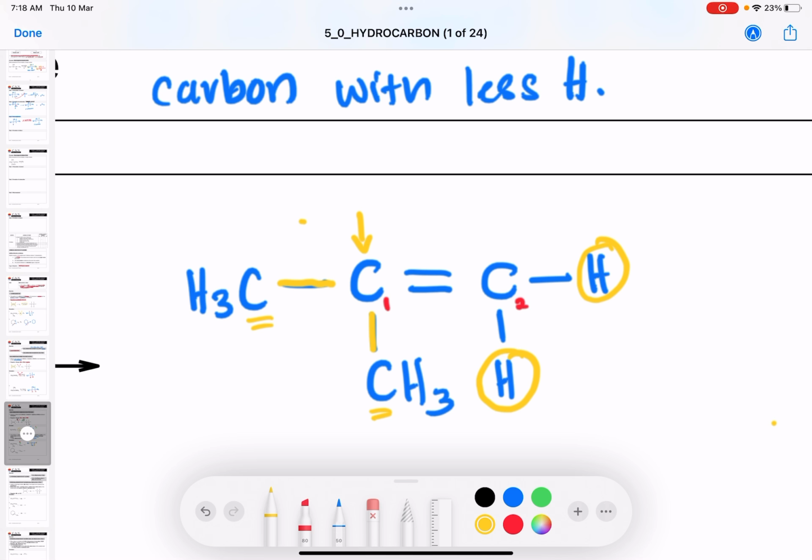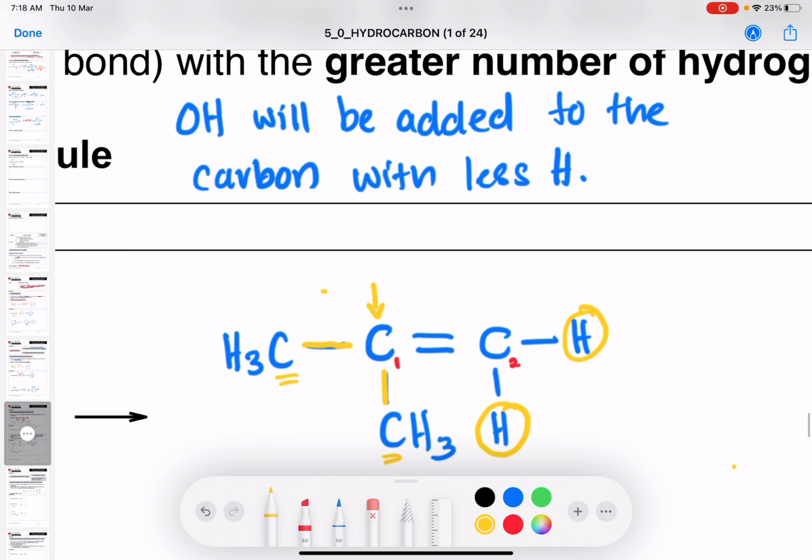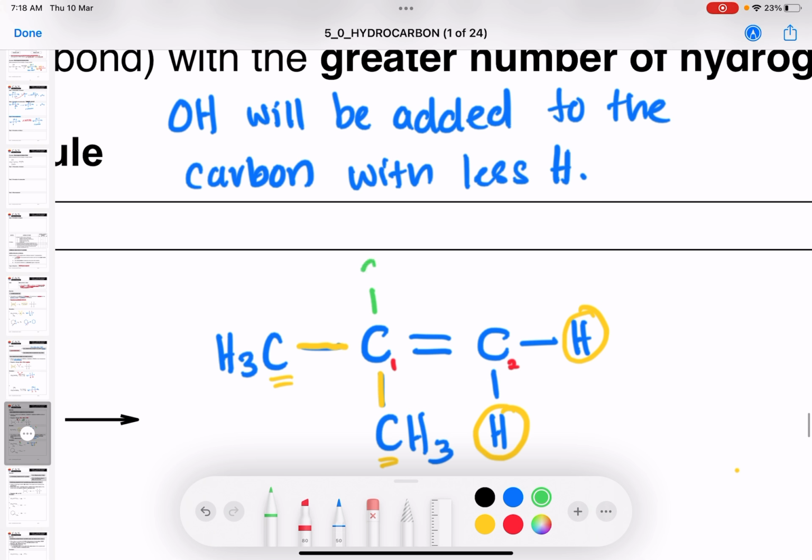Okay, and then if you look here, we say OH will be added to the carbon with less H. So we can conclude that oxygen will be added here, whereas bromine will be added here.